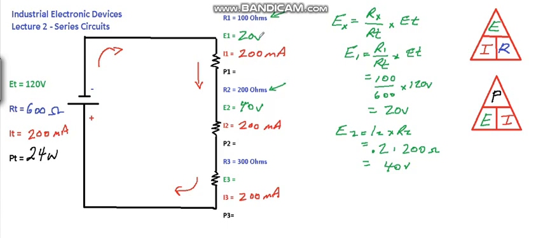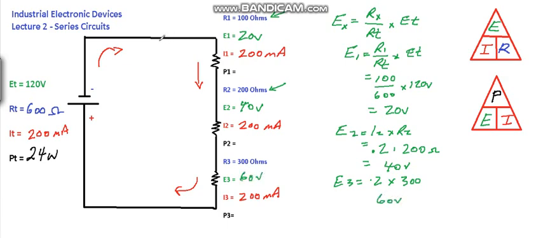So the voltage is doubled as a result of a doubling of the resistance in the circuit. That makes sense. Let's do E3. You can use the voltage divider rule or your current, whatever you like. 0.2 times 300 is 60 volts.